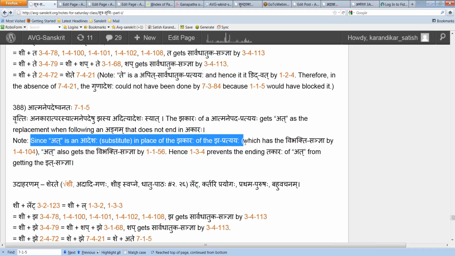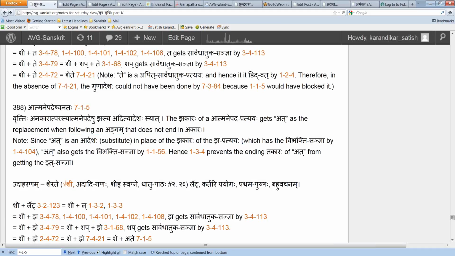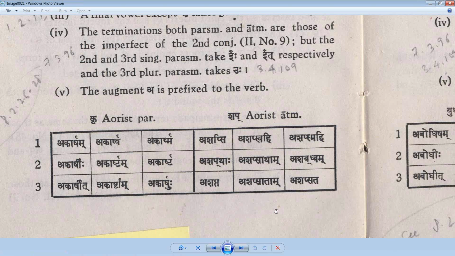So by nibhaktau tusmaha, this takara is not an itta. So what do we have right now? Right now we have a, shap, sa, ja. That ja, the jakara of ja, is atmanepadam, because of tangana of atmanepadam, and it is not preceded by akaraha. Atmanepadeshu anataha.